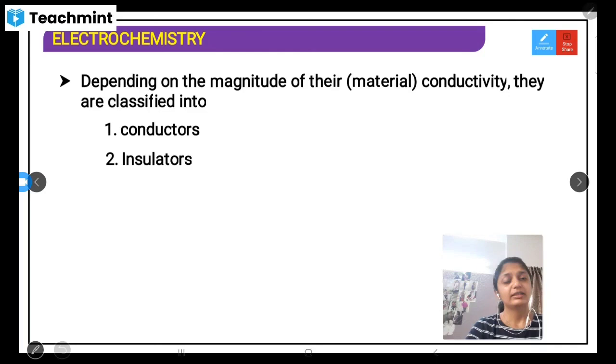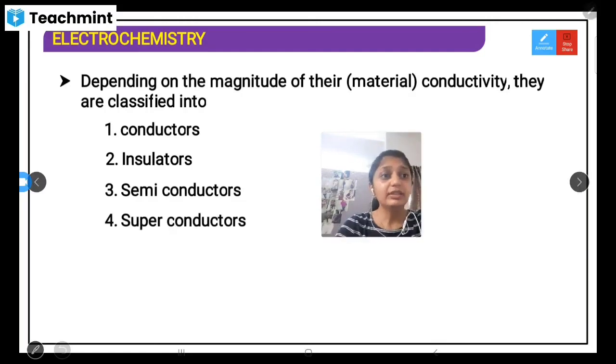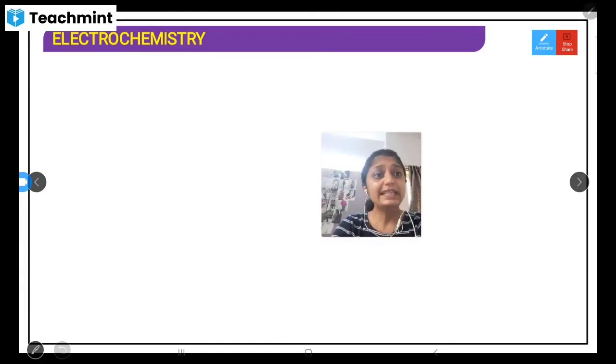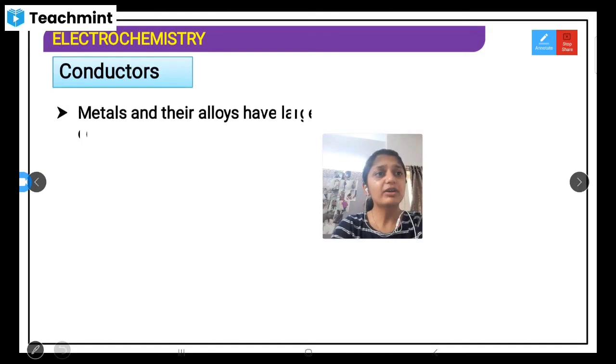Generally, metals are considered as conductors, non-metals are considered as insulators, and semi-metals like silicon and germanium are considered as semiconductors. Even the fourth type is superconductors, used in specific situations. One by one we are going to study these.